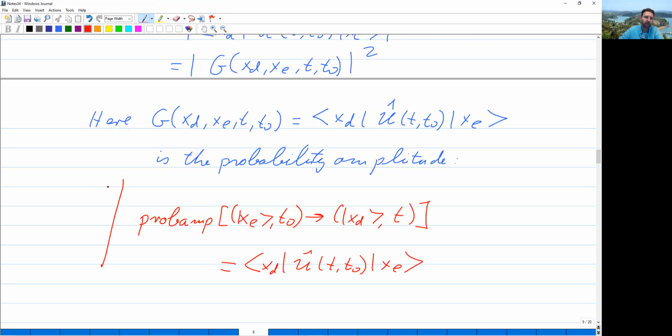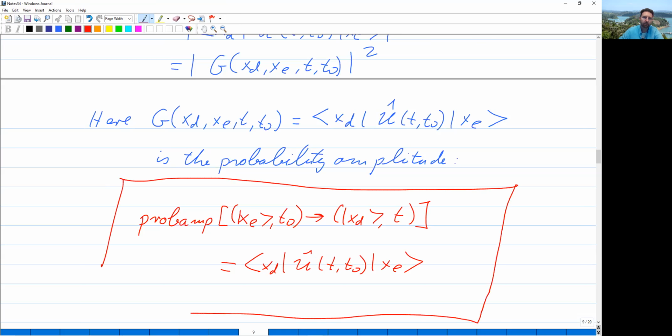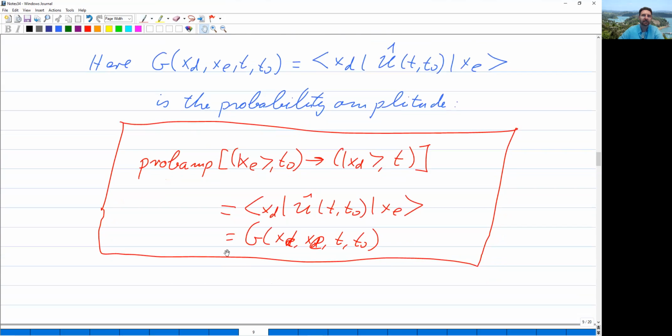So that's the probability amplitude. It's the Green's function. I think I wrote it differently before. Okay, so here's the xd, and here's xe. If we take the modulus square of it, then we obtain the probability.